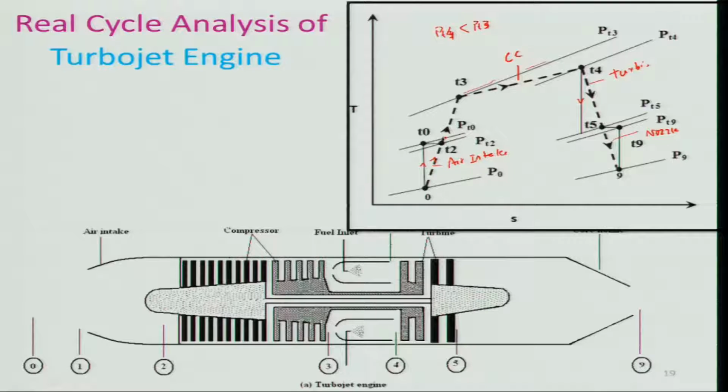So, armed with this, now we will carry out a similar analysis to what we had done in the case of the ideal cycle. However, we will incorporate various parameters which can take care of the losses in each component.